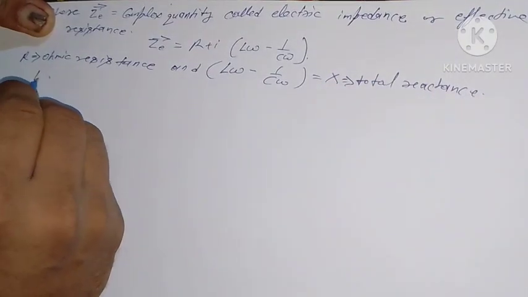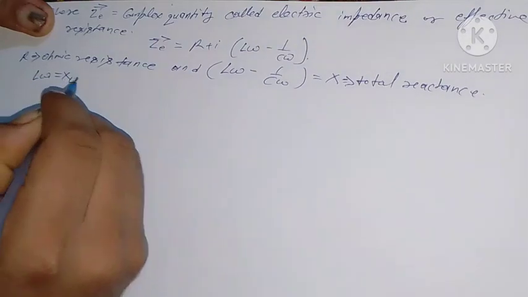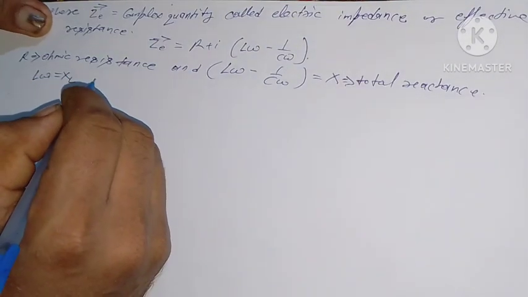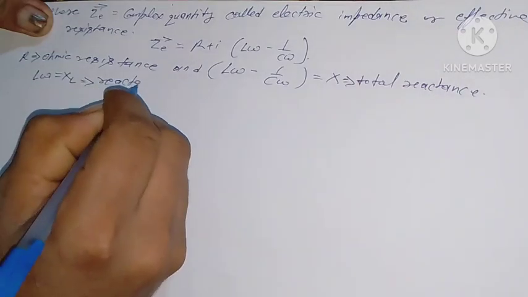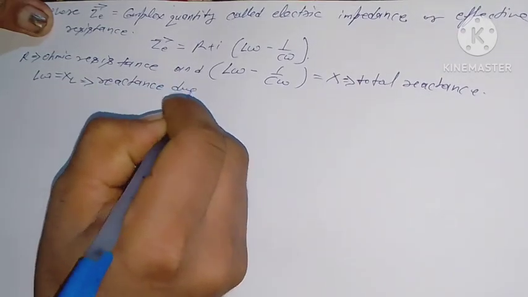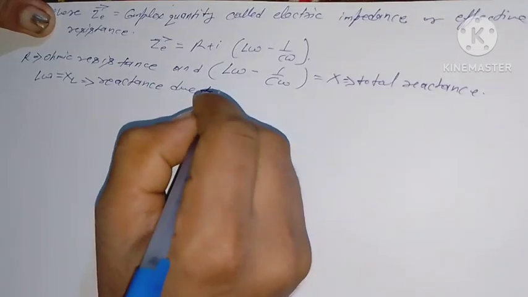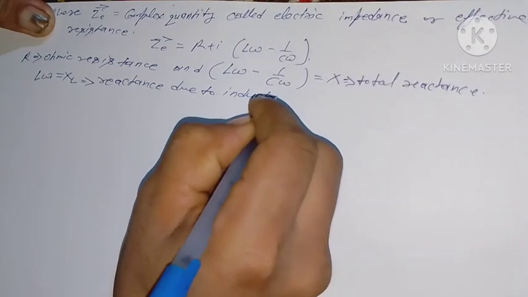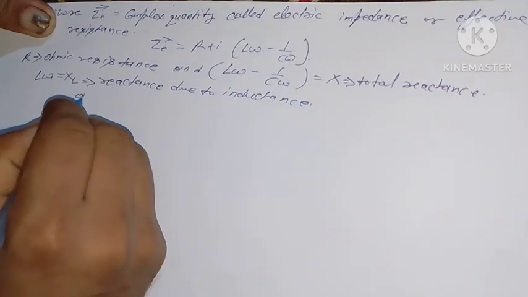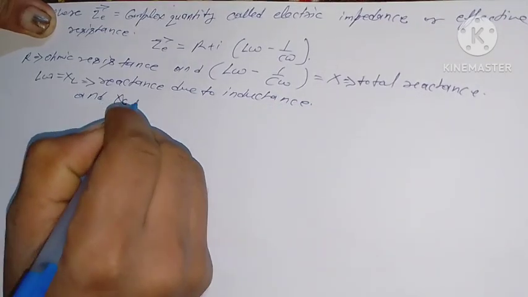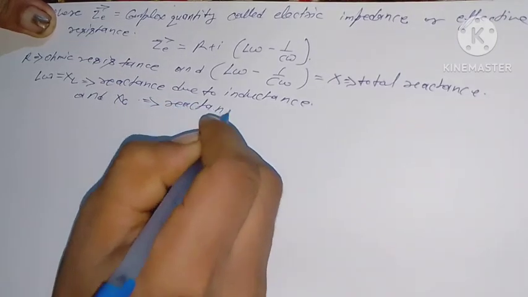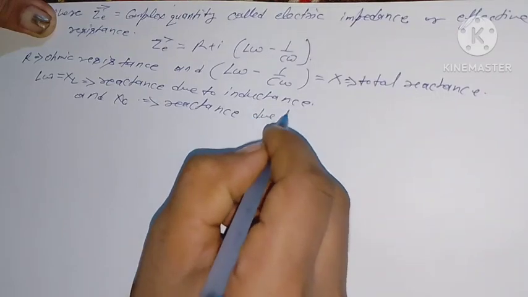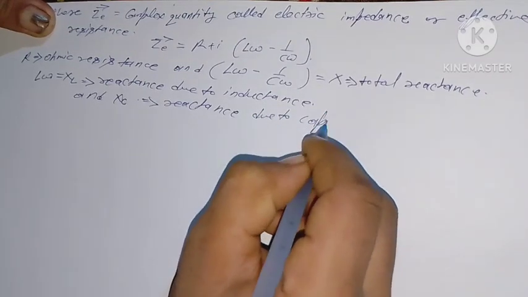L omega equal to X L represents the reactance due to inductance, and X C represents the reactance due to capacitance.